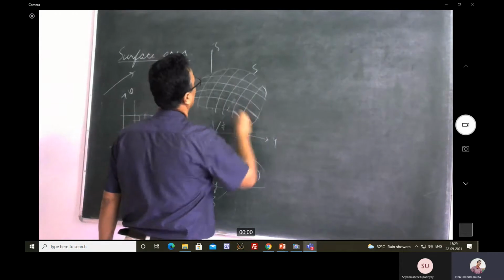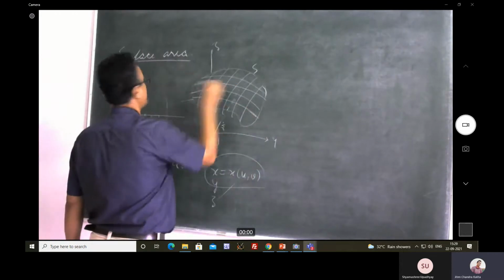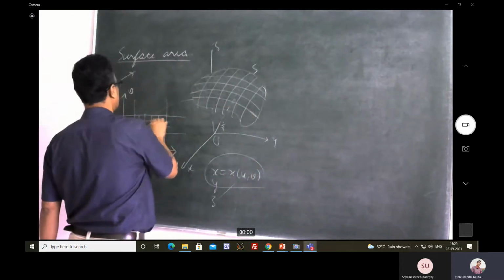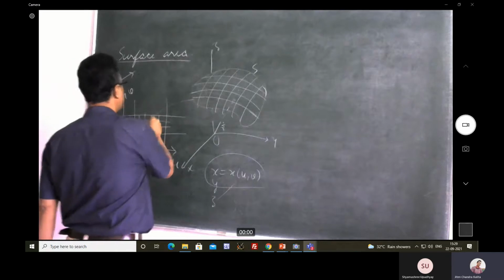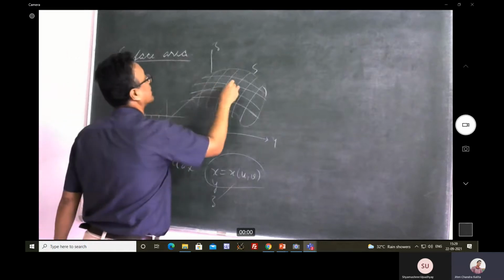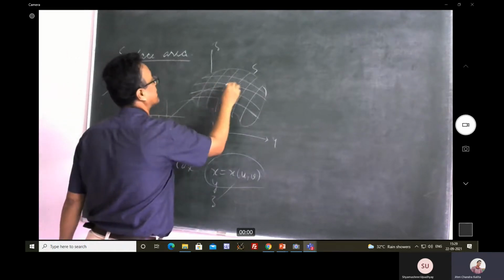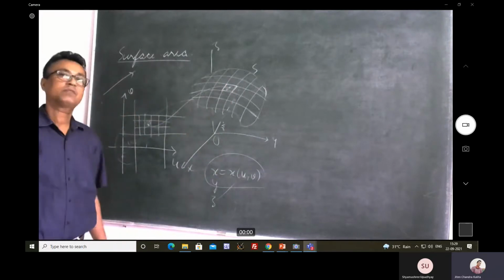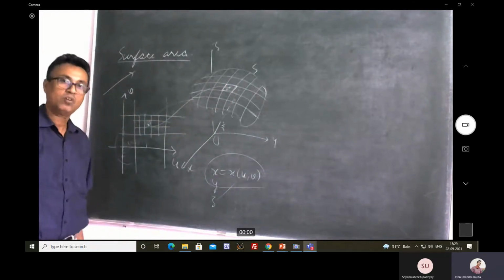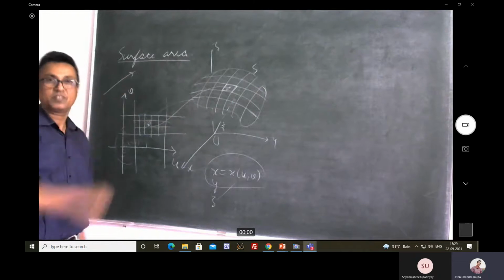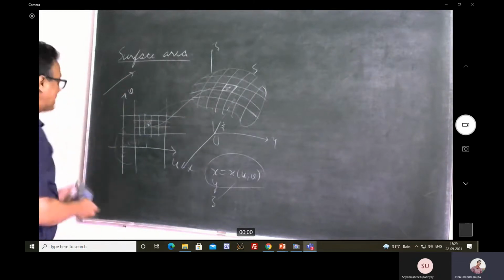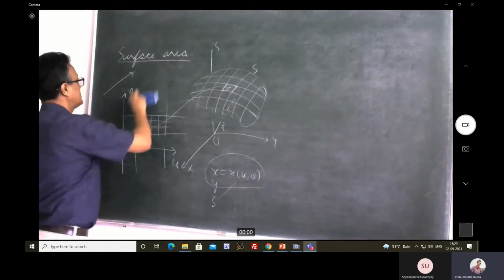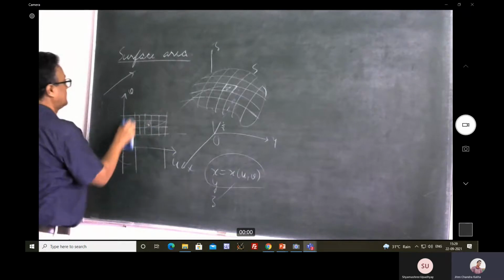Corresponding to a particular sub-rectangle here, we found a curved rectangle on the surface, right? And from there, we derived the formula for surface area.